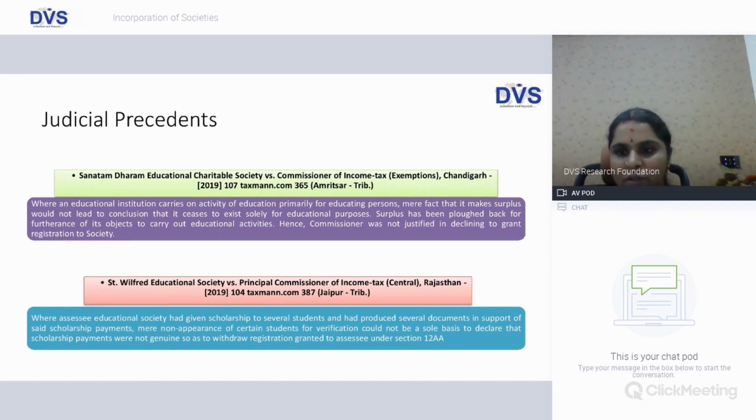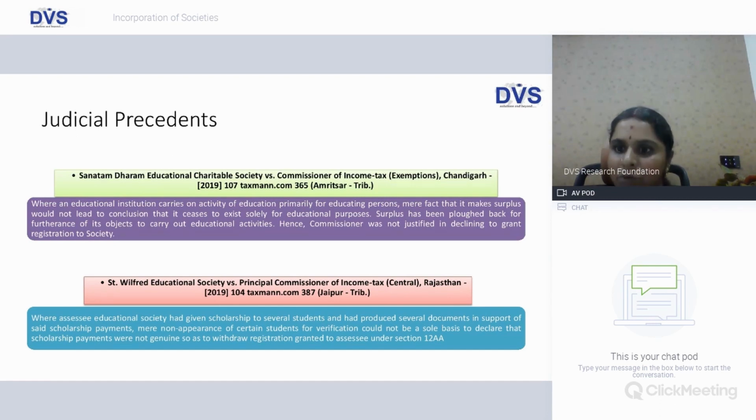Here, an educational institution carries on activity of education primarily for educating persons. Mere fact that it makes surplus would not lead to a conclusion that it ceases to exist solely for educational purpose. So, if you are going to have a surplus, that does not disqualify the society to get registered under the respective act, is what the judgment says.